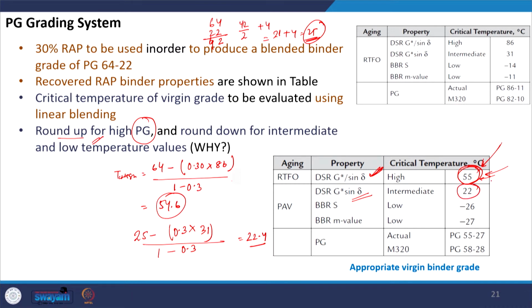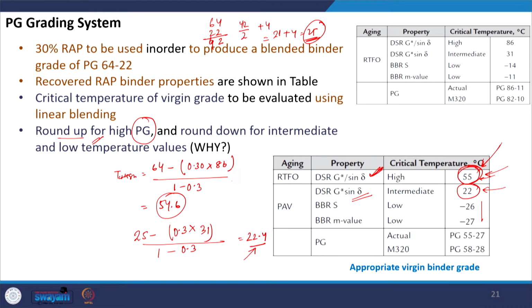Why have they taken 22? Because if the value of G star dot sin delta is less than 5000 kPa at 22, it will definitely be lower at the higher temperature of 22.4. So the criteria gets satisfied, and a similar discussion goes for the low temperature values.